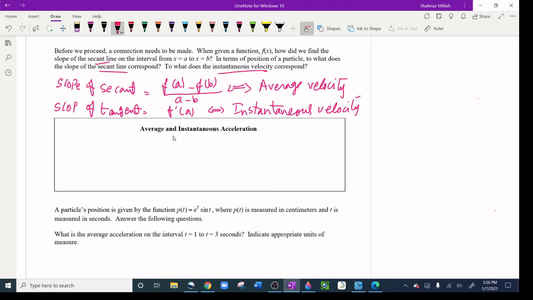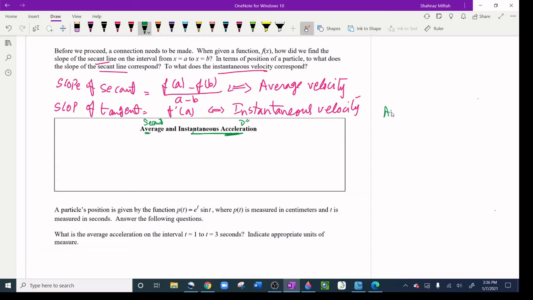Okay, average and instantaneous acceleration. Now we are talking about acceleration. So acceleration is always the second derivative. Remember that. So if it's a second derivative, then instantaneous acceleration is my second derivative. Average acceleration, it's going to be a secant of what?